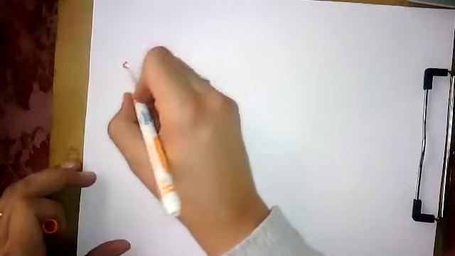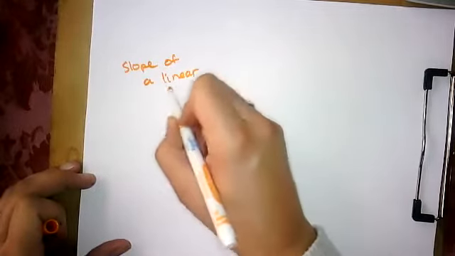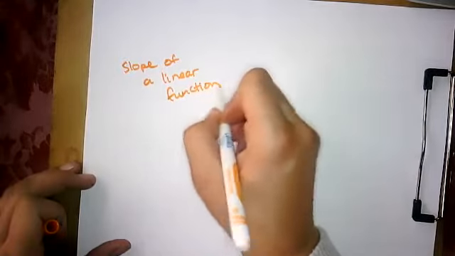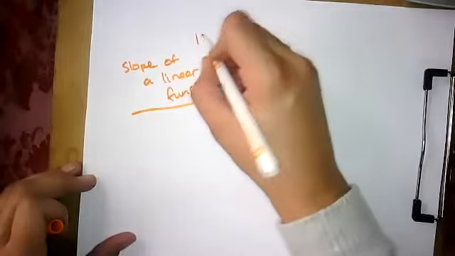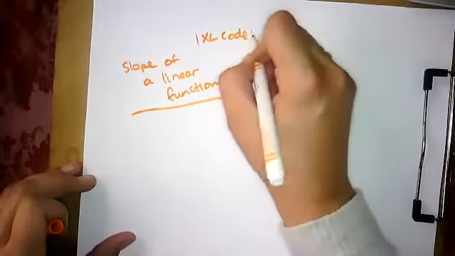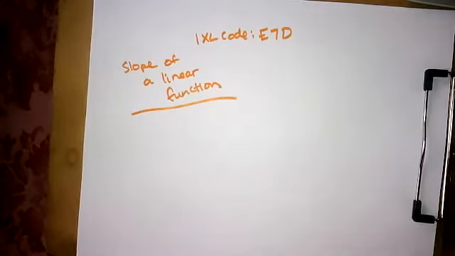So now it's asking you to find the slope, which really is finding the rate of change between 2 points, except this is in a linear situation. Slope of a linear. This is IXL code 7C, which is actually this week's work.